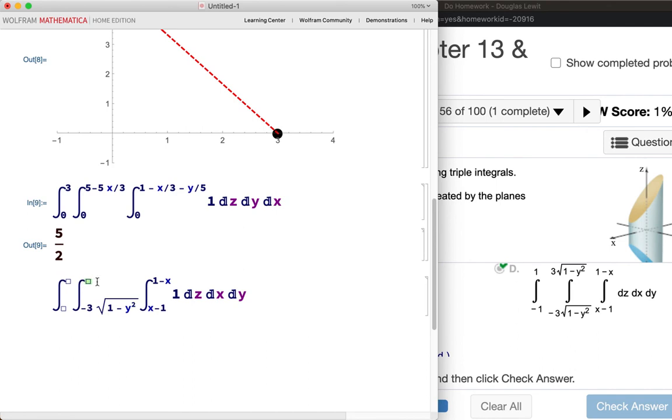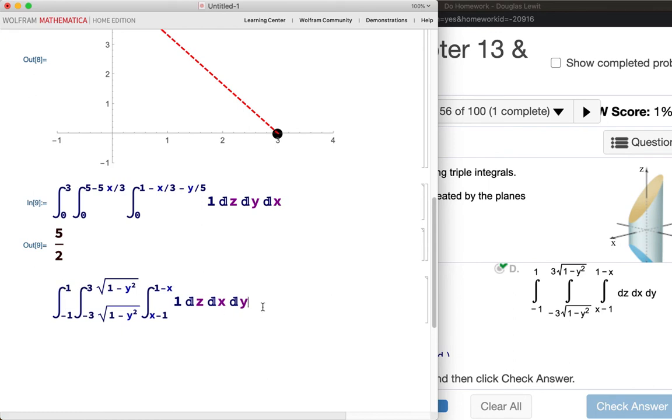Okay. And then 3, radical 2, 1 minus y. And if I want that superscripted exponent, it's control 6, power 2. Those are my x limits. And finally, the y limits are going to be negative 1 and positive 1.